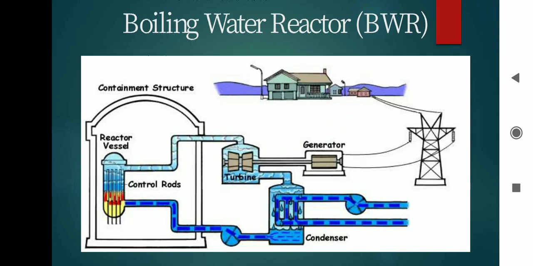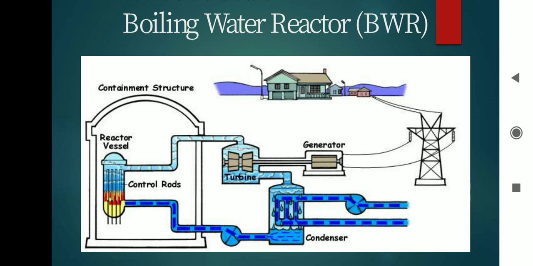That is the important point we have to mention here. After the fission process, steam is generated, and that steam goes directly to the turbine. There is no steam generator in this structure, in this boiling water reactor. That is the main difference between the boiling water reactor and the pressurized water reactor.